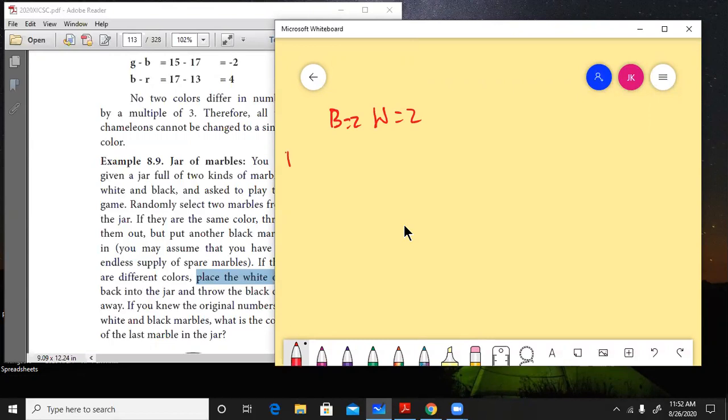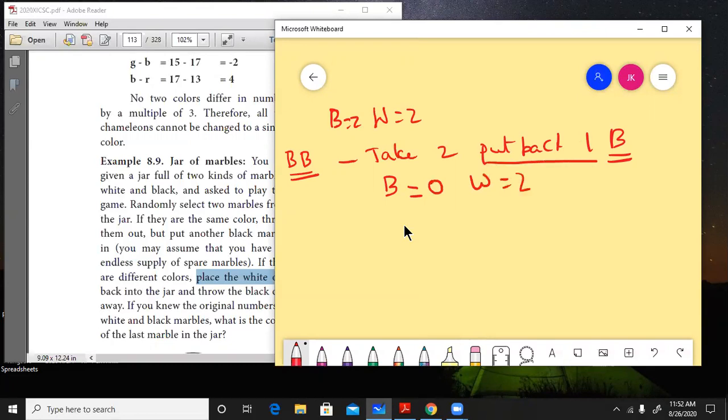Now, individually, when I draw two blacks, this is my first case. What is the constraint? Take the two balls out and put back one black ball. That means you're taking off two blacks, so my B becomes 0 and W remains 2.